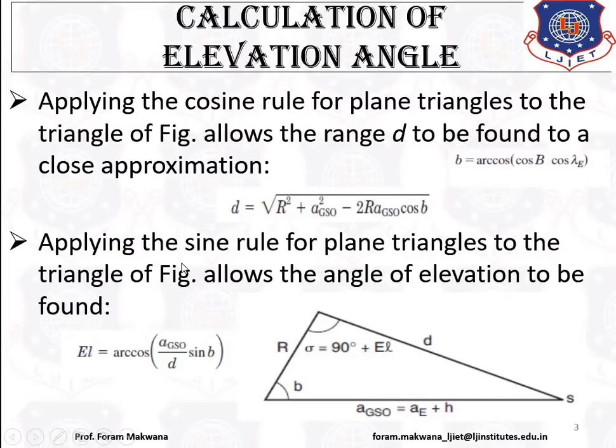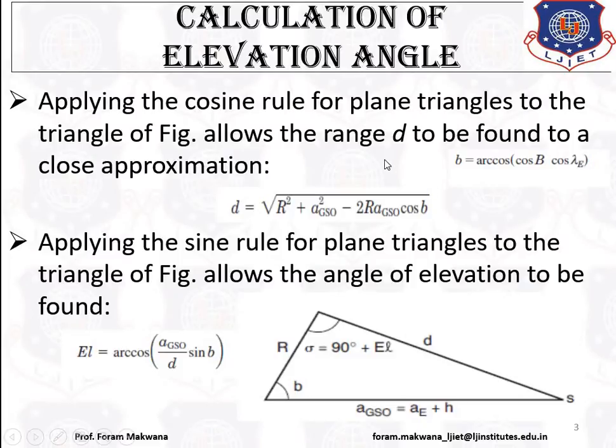Now we are applying the sine rule for this plane triangle. Why? Because we want to calculate the value of elevation angle. So it is calculated as EL, that is elevation angle, is equal to cos inverse in bracket agso by d into sine b, right? AGSO stands for the radius of geostationary orbit, d stands for the distance between satellite and the earth, and the small b comes from over here.